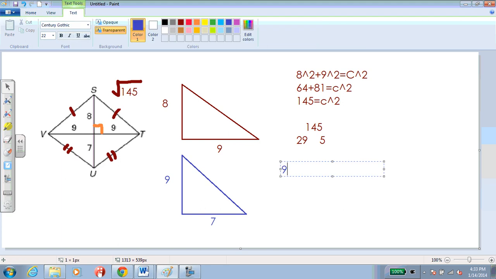So I again set up the Pythagorean theorem the exact same way. 9 squared plus 7 squared equals c squared. 9 squared is 81 plus 7 squared, which is 49. 81 plus 49 equals 130.